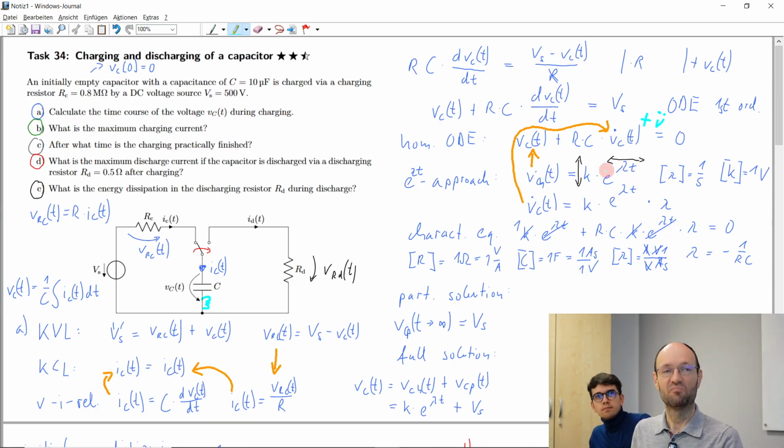And so the second derivative can again be some exponential function. So we could use the same approach, but usually then in the characteristic equation, you get some quadratic equation. So you get two solutions for lambda. And usually these solutions can also be complex.